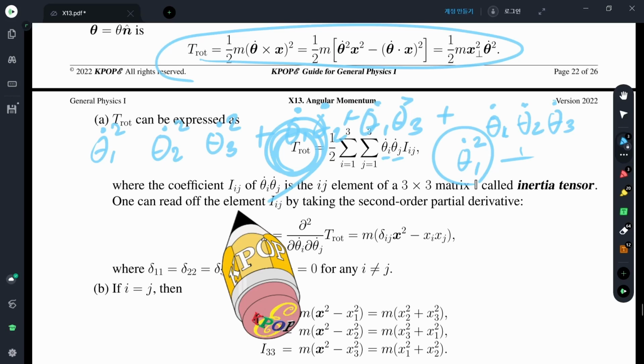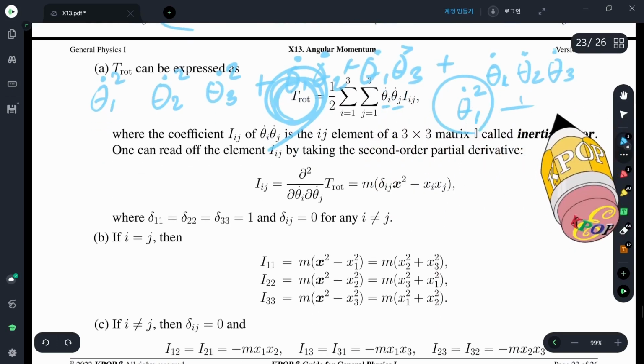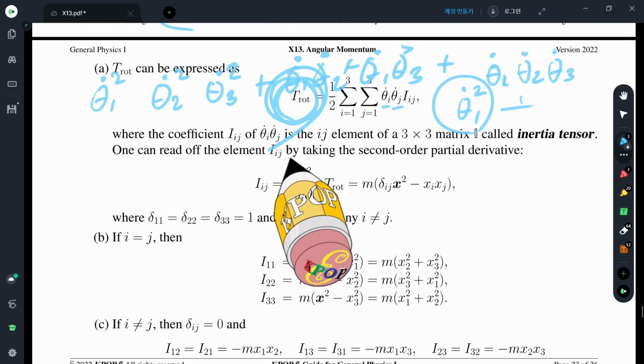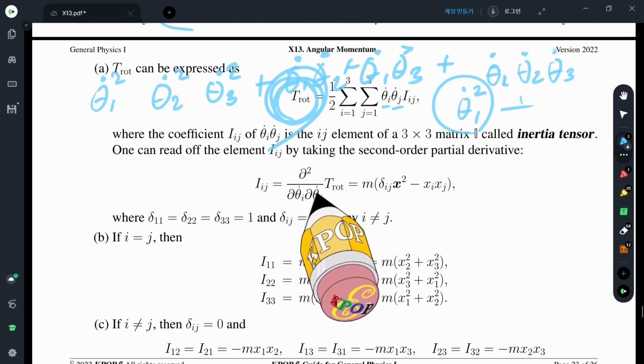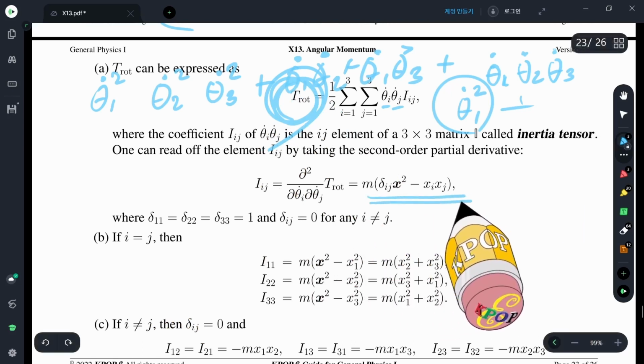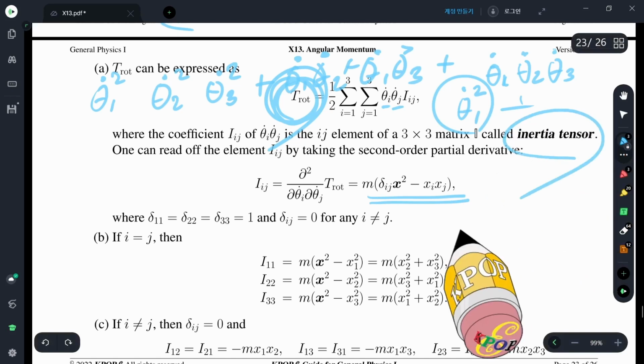If we expand everything together, to find the coefficient of theta i dot and theta j dot, we can take the partial derivative twice of the rotational kinetic energy. Then you will find a very interesting matrix. It is called the inertia tensor.